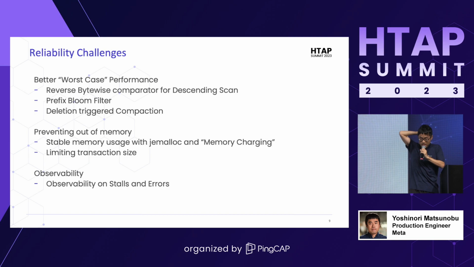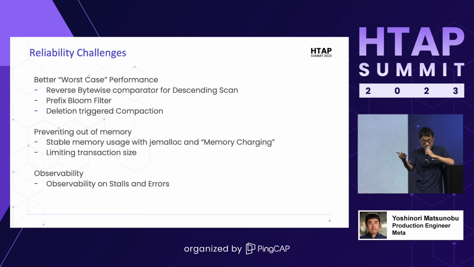Another interesting RocksDB or LSM constraint is that if you delete a lot of records, these deletes remain in the SSD data files as tombstones, the delete markers. This also affects range scan performance. So we implemented a feature called deletion-triggered compactions.